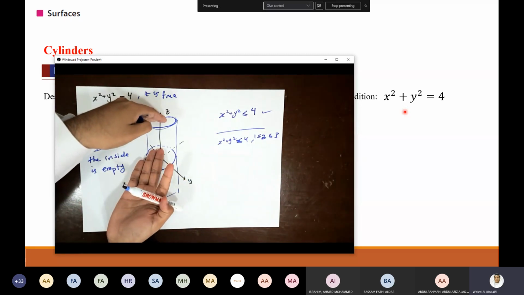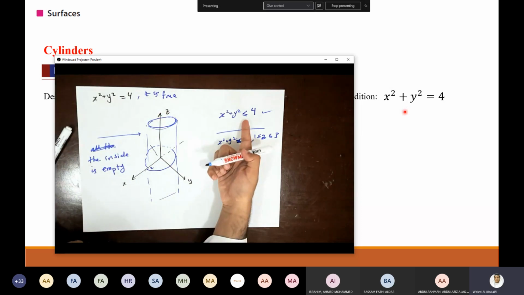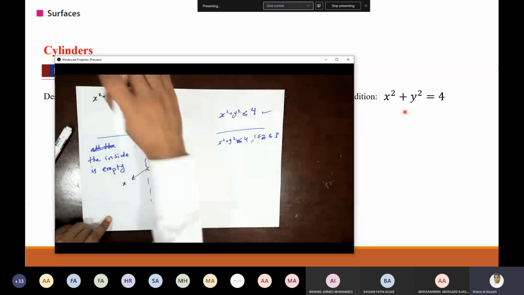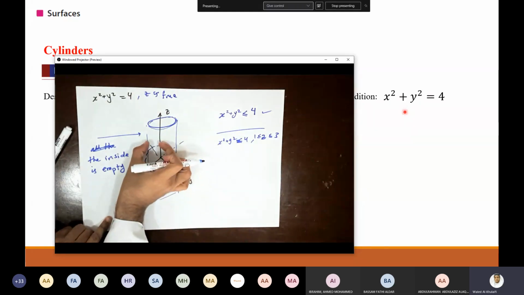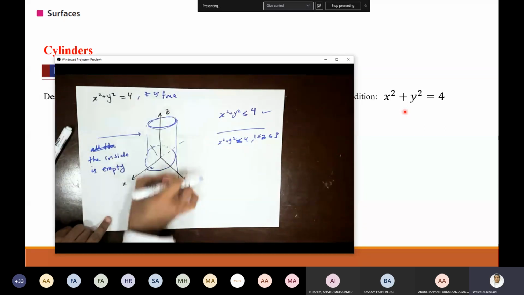So we have a finite cylinder. But writing it the other way, you are talking about infinite. There is no top, no bottom. It goes all the way down infinitely like this, but the only boundary you have is radius 2, up and down.